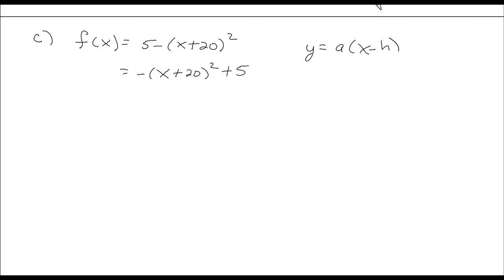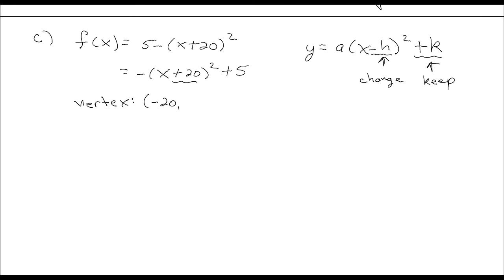Here's the general form, which I did earlier in a previous problem, separate video. It doesn't specifically ask for the vertex, but since we're trying to describe the graph, we may as well go ahead and find it. And as a reminder, whatever the sign is here on the h, you're going to change the sign. And here you're going to keep whatever the sign says. So the vertex is going to be negative 20, 5.